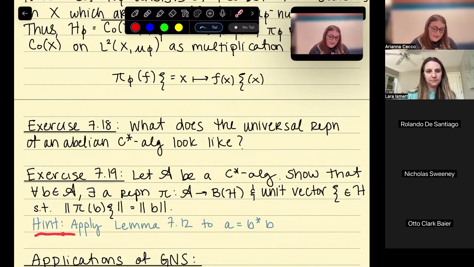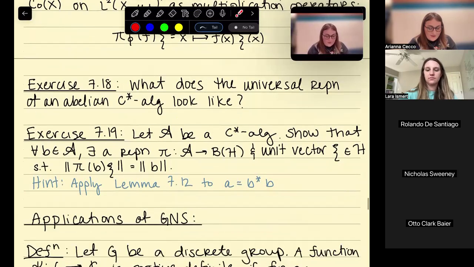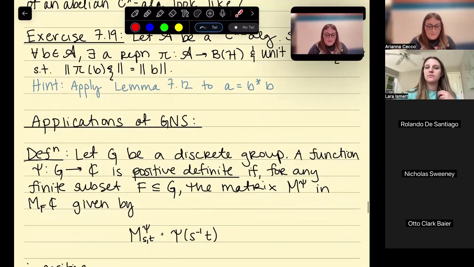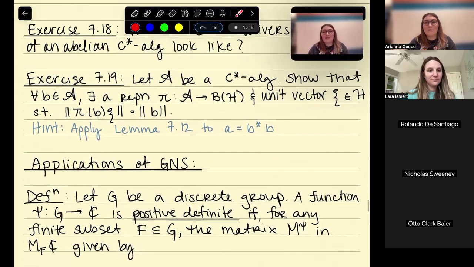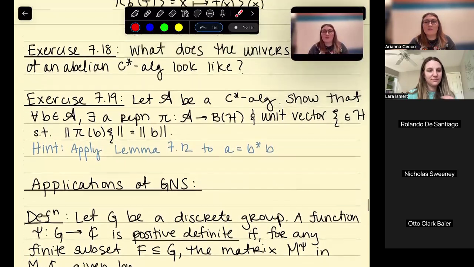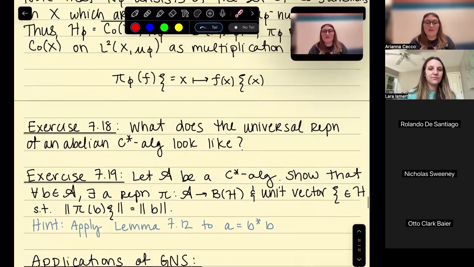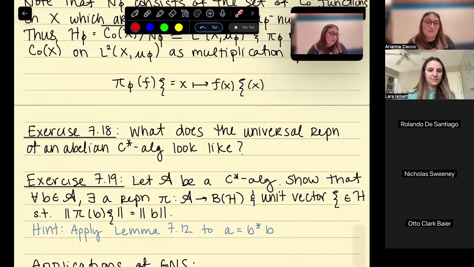They give a hint that says apply Lemma 7.12 to a equals b star b. I think I'll stop there because everything else was referencing the group C-star algebras and stuff like that. So I'll stop here and answer questions if anyone has them.